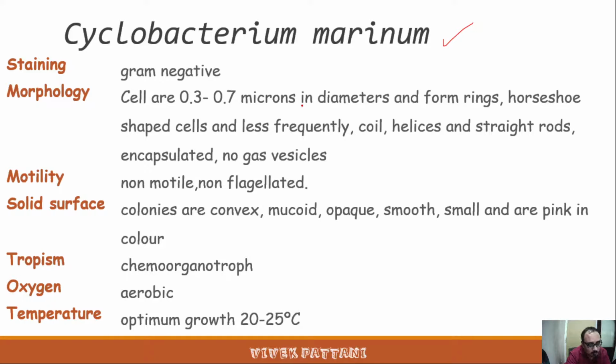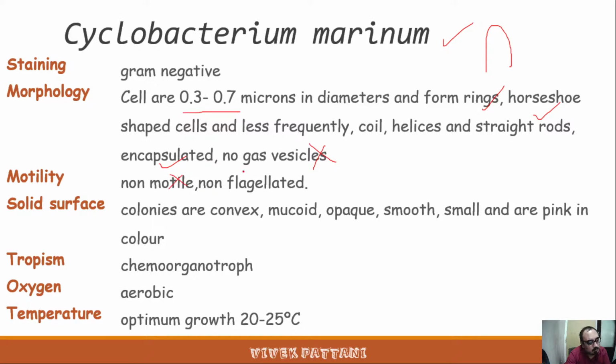This group belongs to gram-negative, and the cells are 0.3 to 0.7 microns in diameter and form rings or horseshoes. You all know what a horseshoe shape is. Less frequently they form coils or helices and straight rods, and some are encapsulated, and gas vacuoles are not present. As the group itself says, they are not motile.